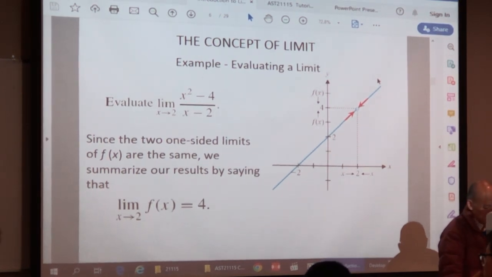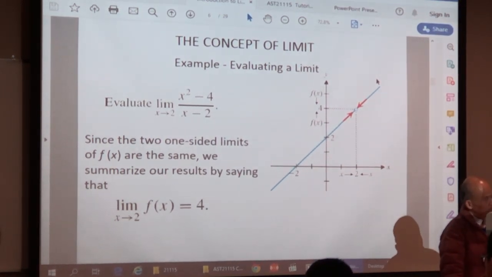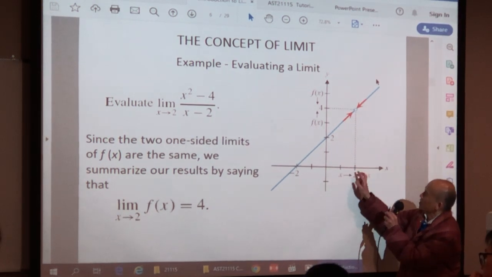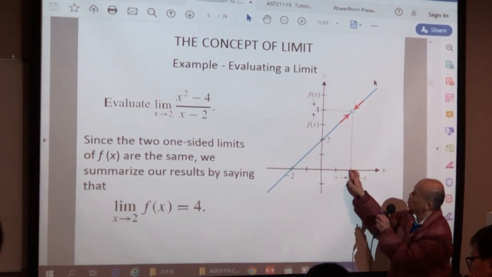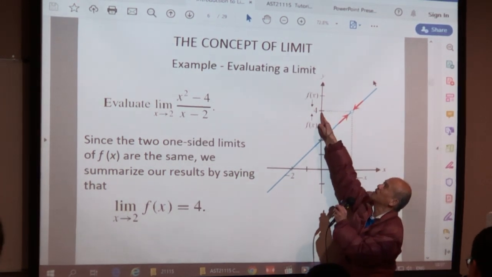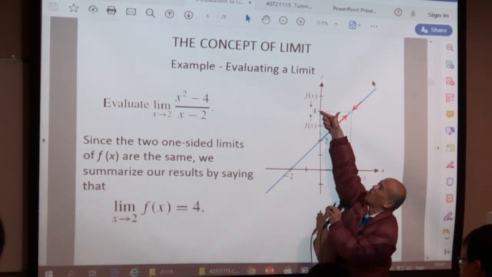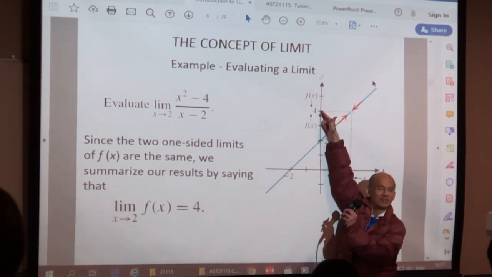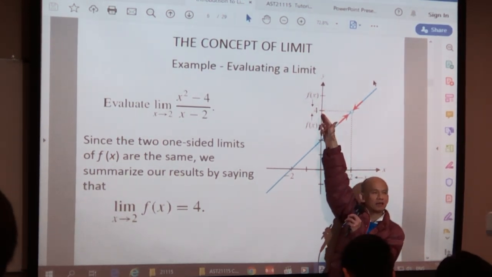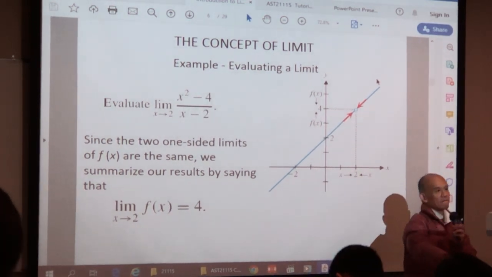Whatever the values of x within this small interval, they all fall in the 4 plus epsilon, 4 minus epsilon interval on this side. That is the meaning of this expression.